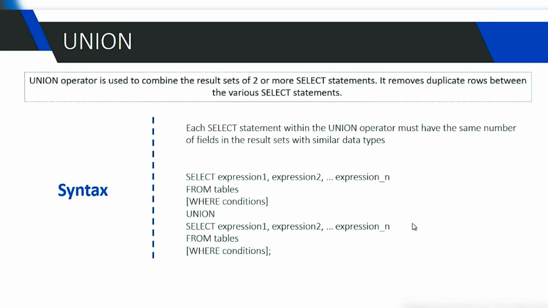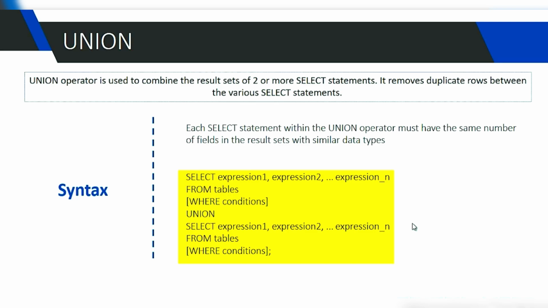So the syntax for this union operator is you select the expressions that you want from table 1. You can specify where conditions also. Then you write union, just like we wrote except. Then you specify the second select statement with expressions. One thing to note here is, for expression 1 in the first statement and expression 1 in the second select statement, these two should have the same data types.